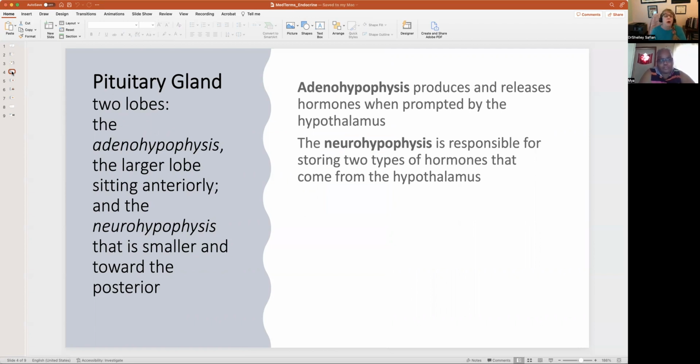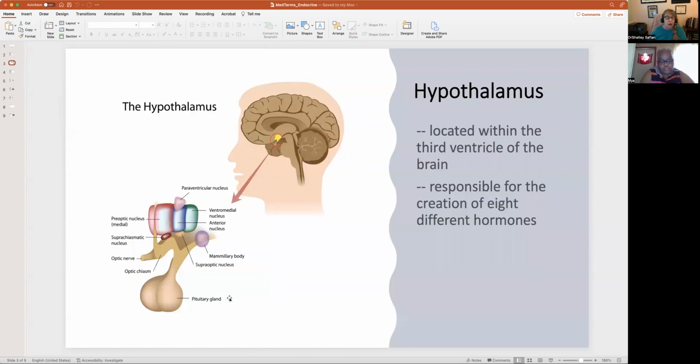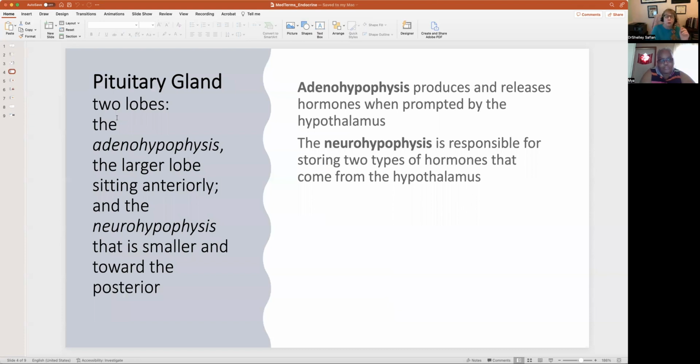Okay, so the pituitary gland, and let's just go back for a second. Look at the pituitary gland, it has two lobes. See the dog note, two barks, two lobes. That'll help you remember, right? They don't have off switches. Okay, so the pituitary, two lobes, one, the adenohypophysis.